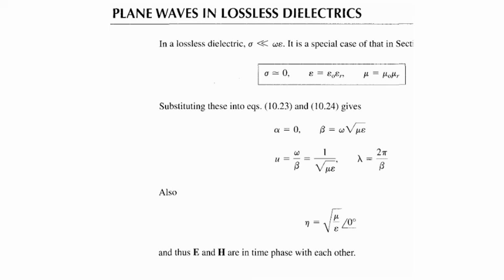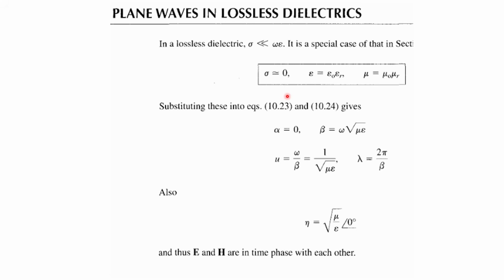Now let's consider case one, that is plane waves in a lossless medium. Lossless medium means the loss is almost negligible, that is, sigma is equal to 0.